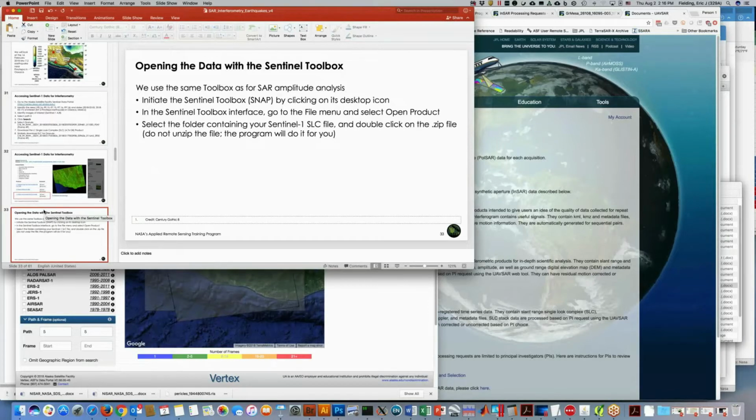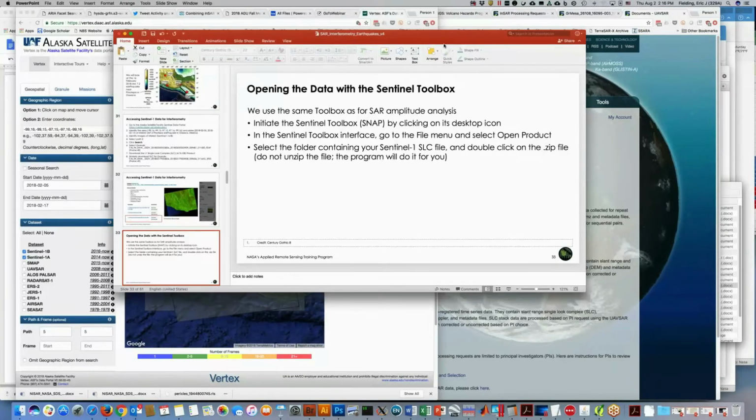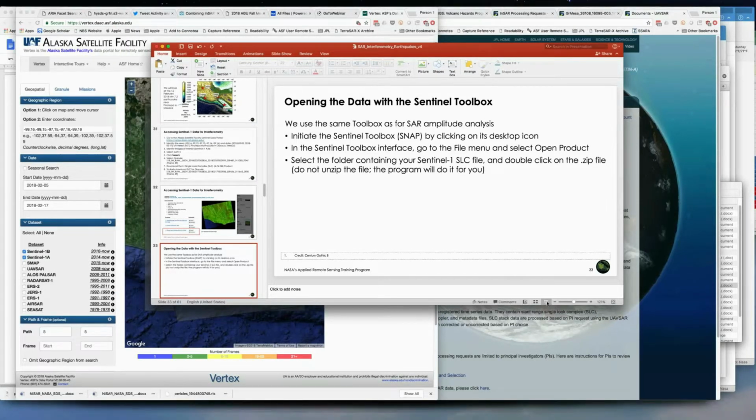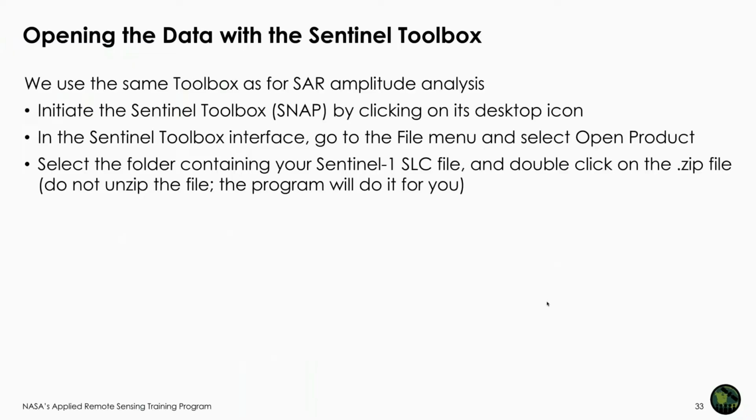So the next thing we're going to do is go to using the Sentinel-1 toolbox. This is the same toolbox that we used for previous demonstrations for the other amplitude analysis.